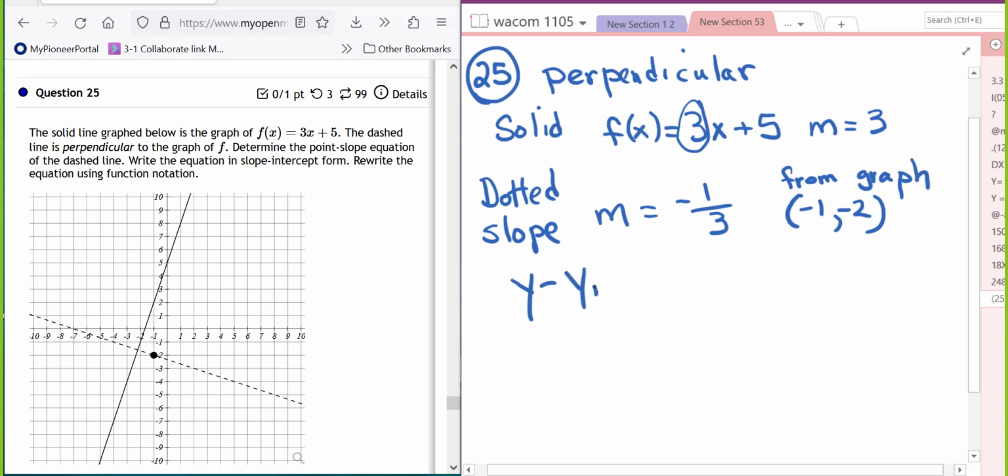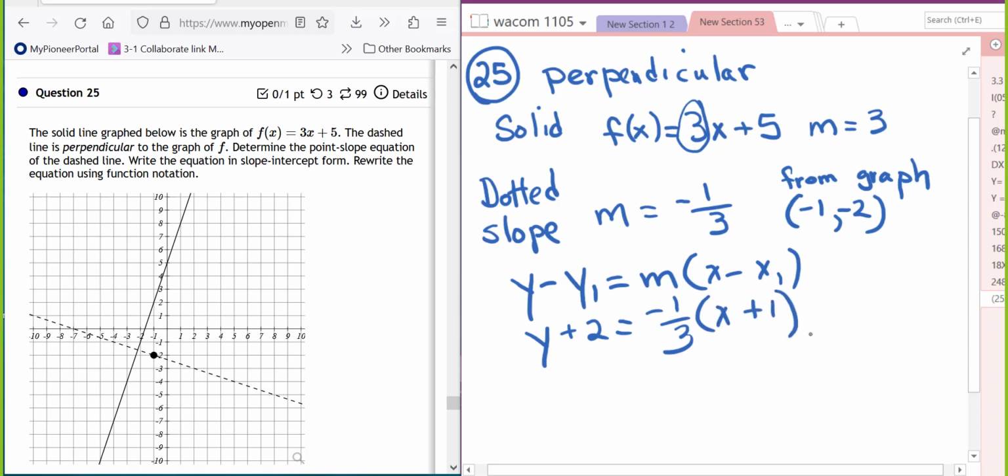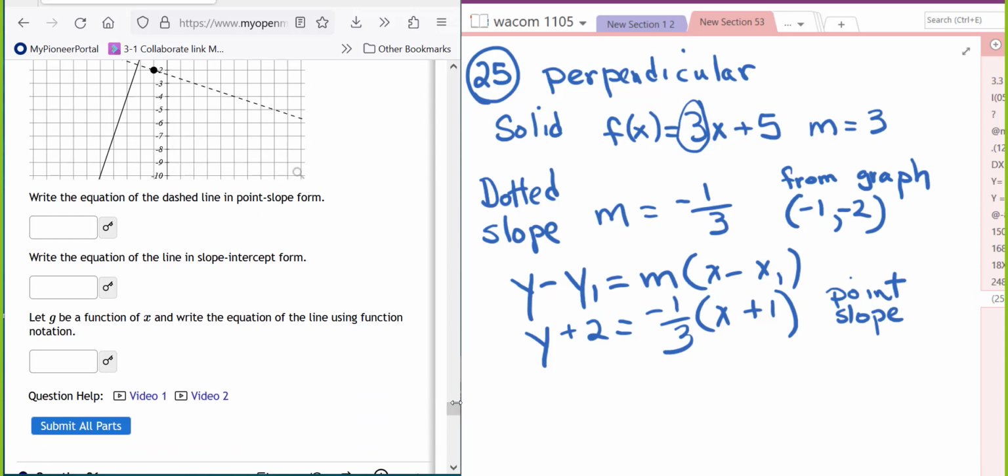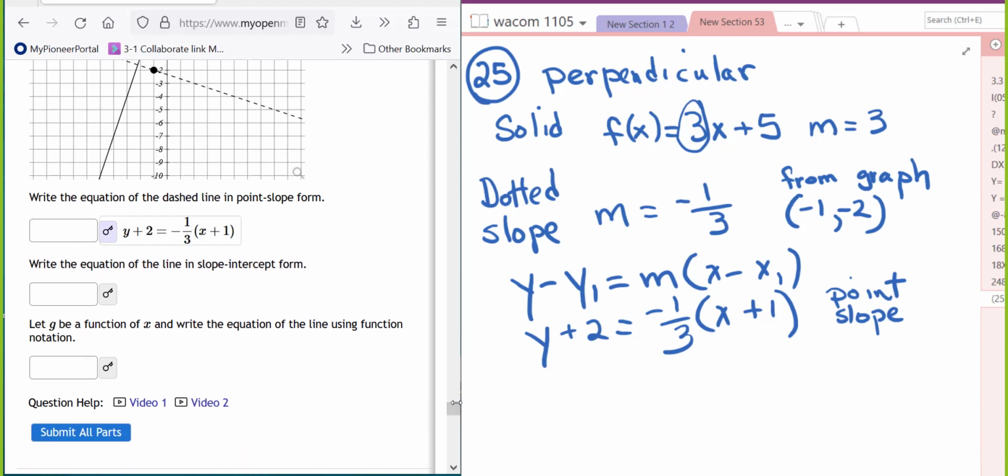So y minus y1 equals m times x minus x1. So y plus 2 equals -1/3 x, and this should be plus 1. This is your point slope form before you clean anything up. Good, no errors there.